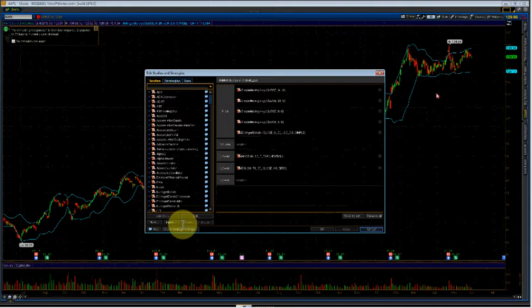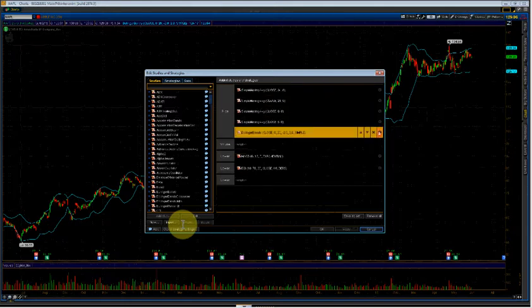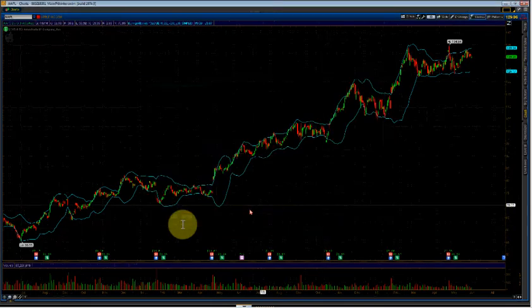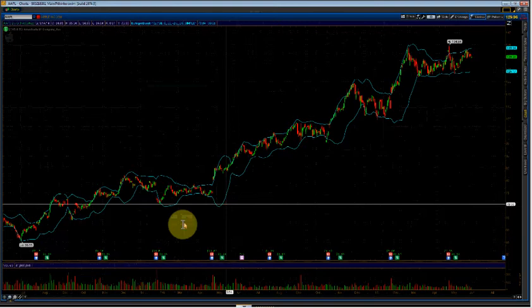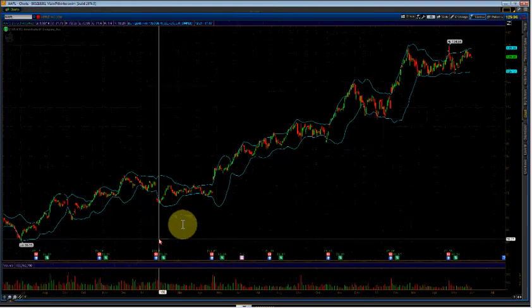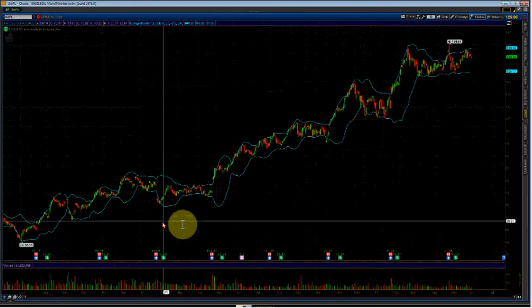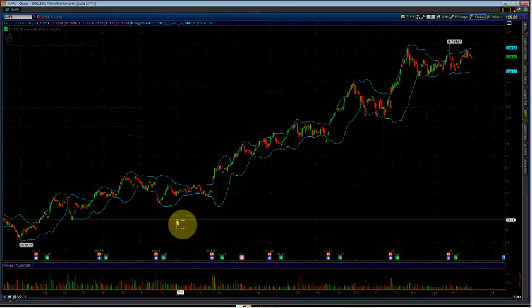Is it better with that lighter blue? Okay. Now, like I said, if we used this setting and just made a quick observation, it'd be very easy for us to say, dang, if I just bought calls every time it touched the bottom.